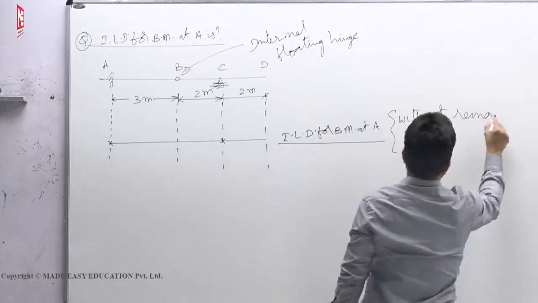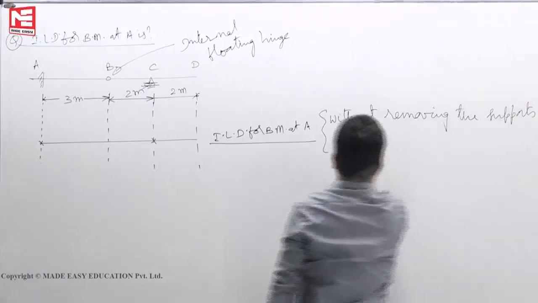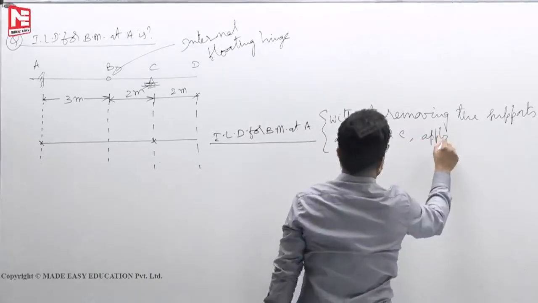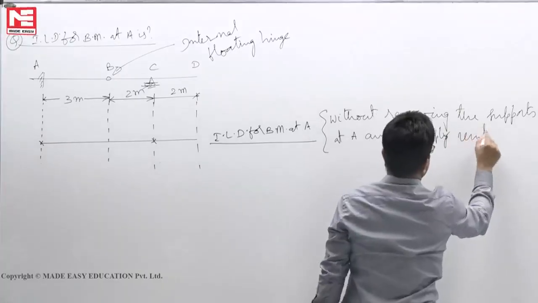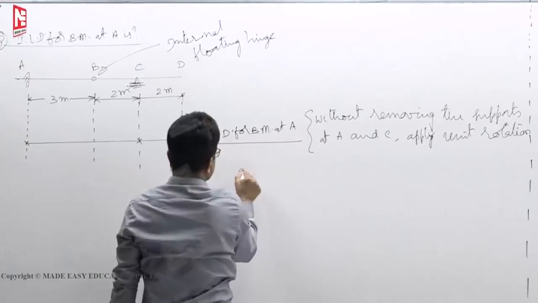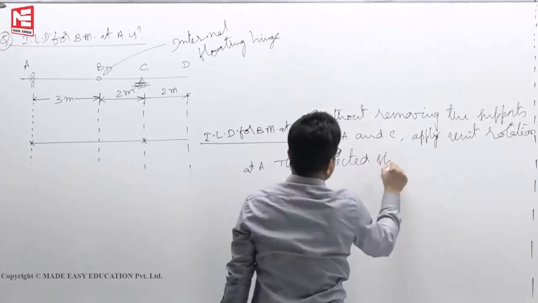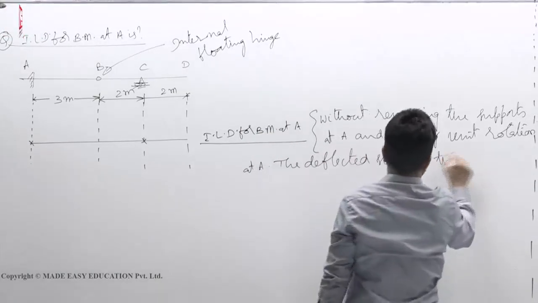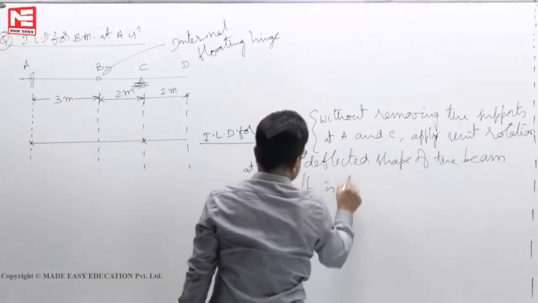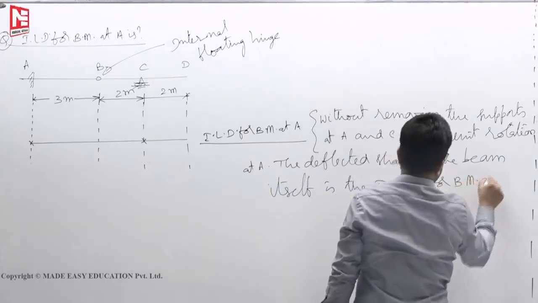Without removing the supports at A and C, apply unit rotation at A. The deflected shape of the beam itself is the ILD for bending moment at A.